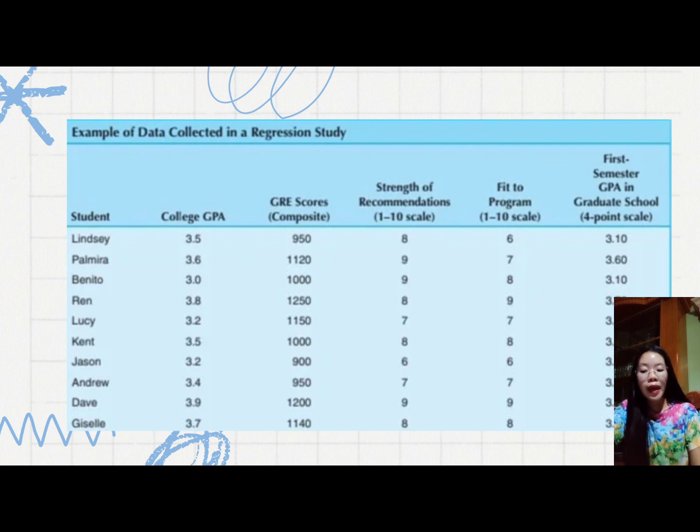Also, it appears that higher college GPA and GRE scores are positively related to higher first semester GPAs. In this example, because the data were available from admissions offices, the researcher need not be overly concerned about procedures that threaten the validity of the scores.